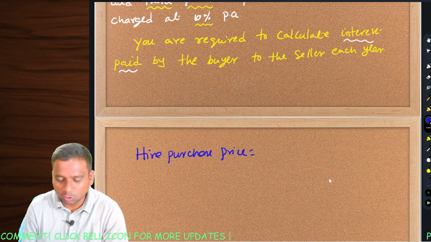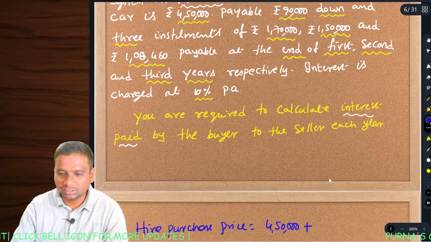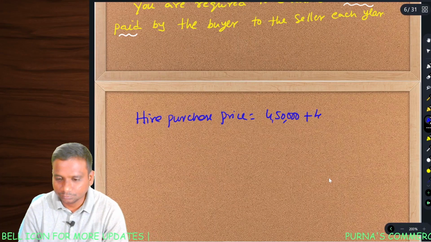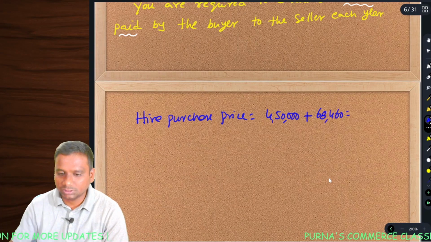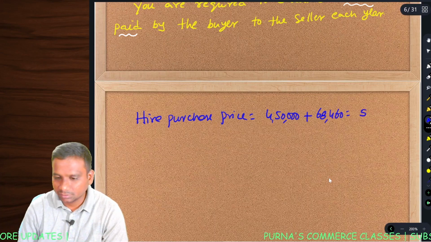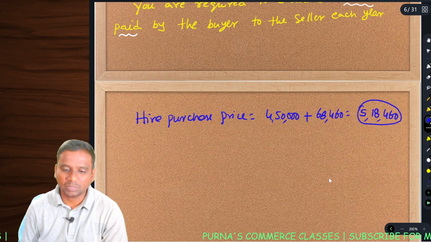Cash price is how much? 4,50,000, plus interest paid of 68,460. How much? 5,18,460. This is our hire purchase price.